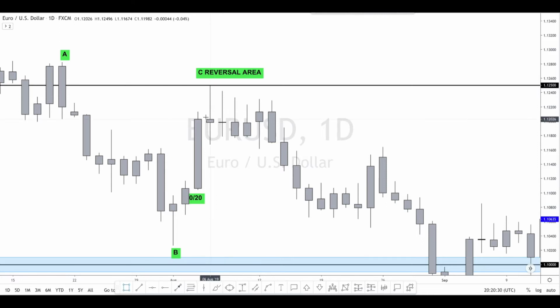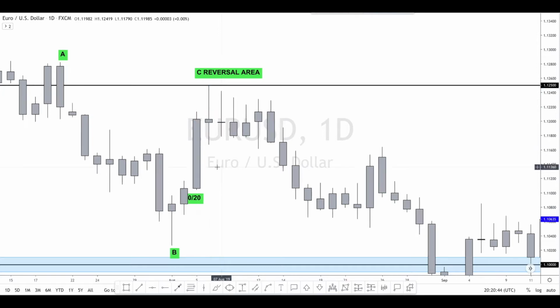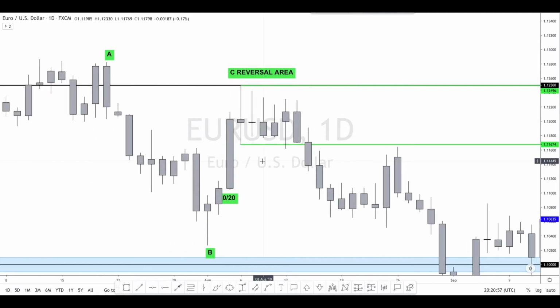When you see price rally up and fail, what that's showing you is that buyers are not sure whether or not they can take this market higher. Once that starts to creep in, you can now use that information. When you see the low of that doji and the high of that doji, this creates what I like to call the consolidation or accumulation range.